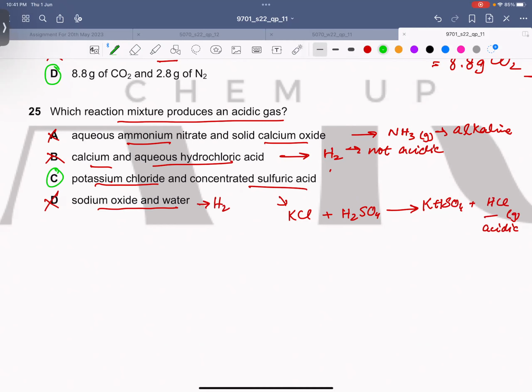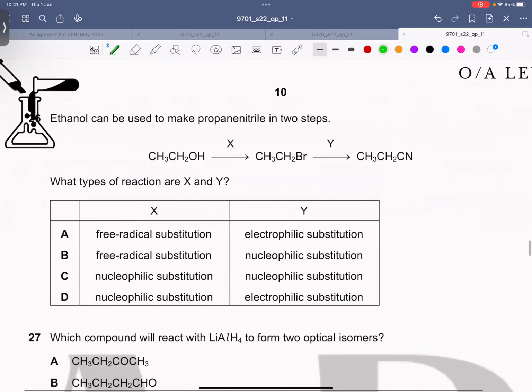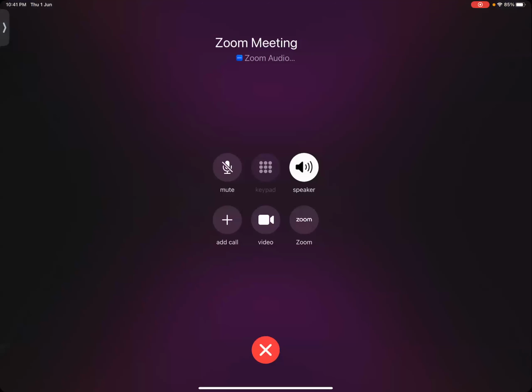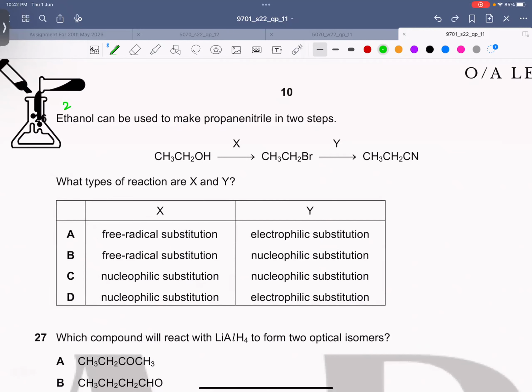Now, question number 26. Ethanol can be used to make propane nitrile in 2 steps.